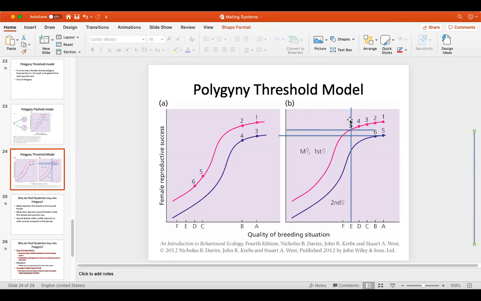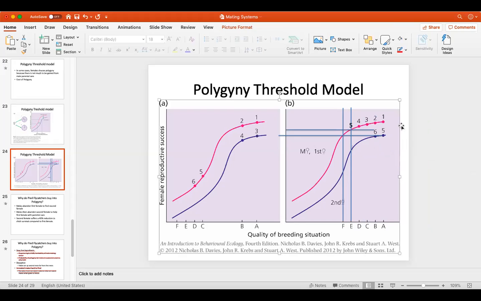So individual 5 has to make the choice. Do I become polygynous here, or do I stay monogamous here? Where that line crosses that line is higher than where this line crosses this line, so you should be monogamous there. So now the question for individual 6 is, do I become monogamous in F, or do I become polygynous in A?